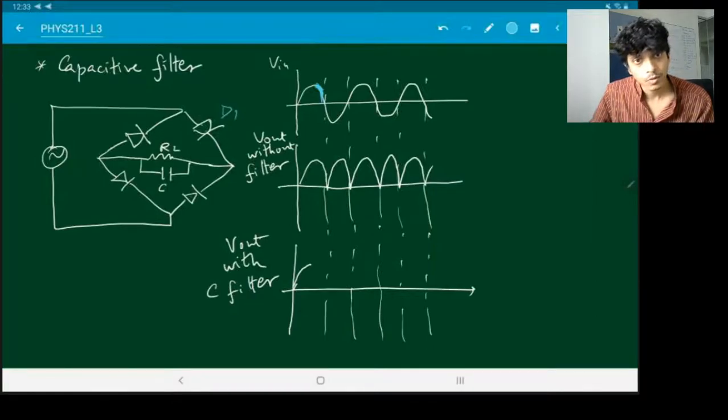So now D1 also becomes reverse biased. So now all of these diodes have become reverse biased, and the signal from the source is not reaching the load and the capacitor.